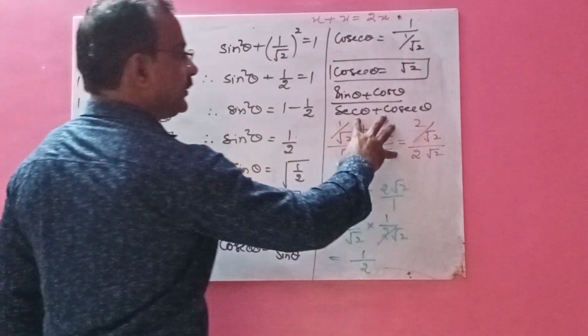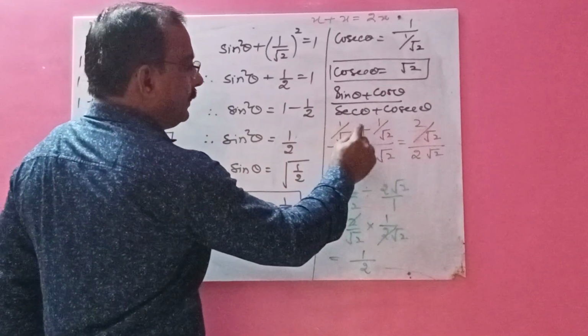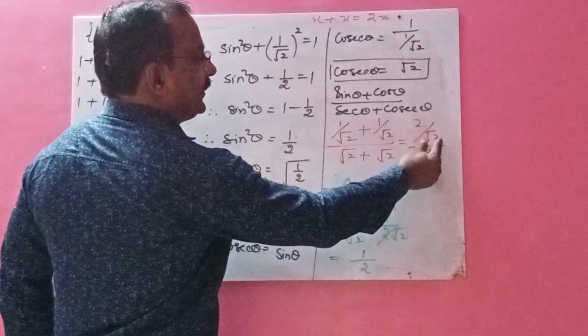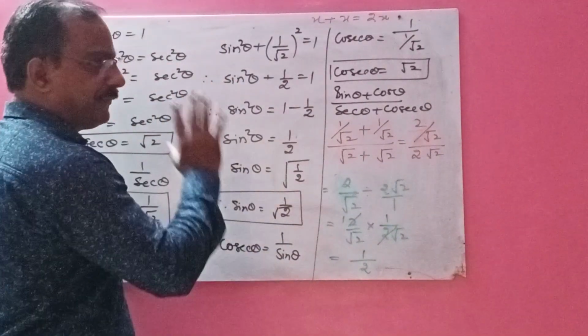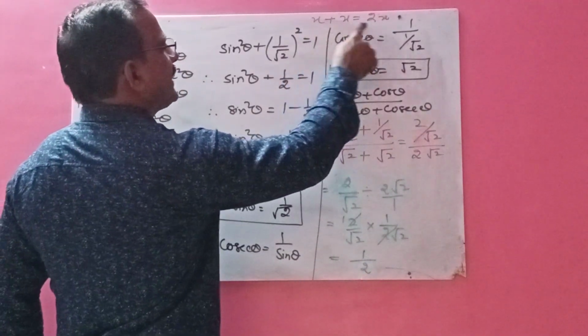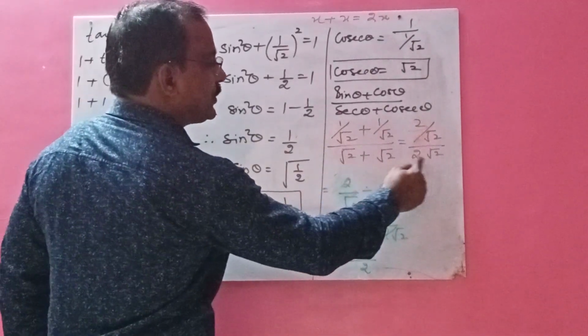Now how to solve this one? These have the same denominator, so 1 plus 1 becomes 2, and root 2 in the denominator is written only one time because it is a fraction. But in this case, as I said, x plus x is 2x, so 1 root 2 and 1 root 2 becomes 2 root 2.